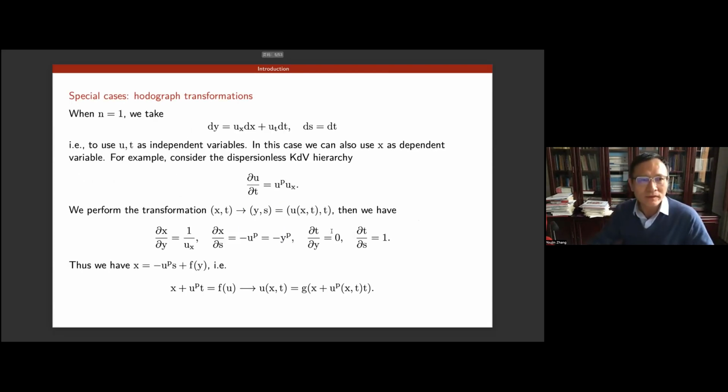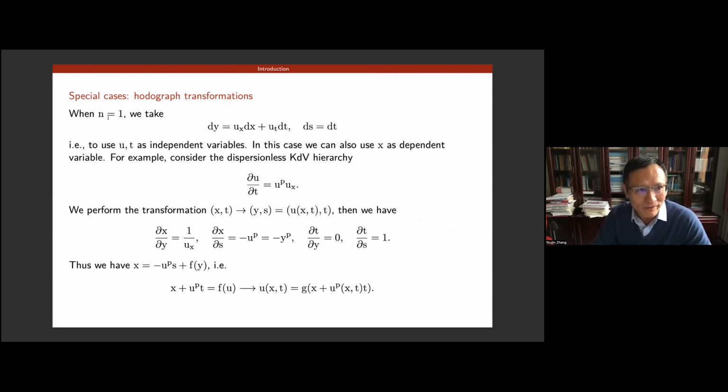In some special cases, we obtain the so-called hodograph transformations, which are also well known. Maybe more people now know the name hodograph transformation than reciprocal transformation for PDEs. So let me explain this special case.